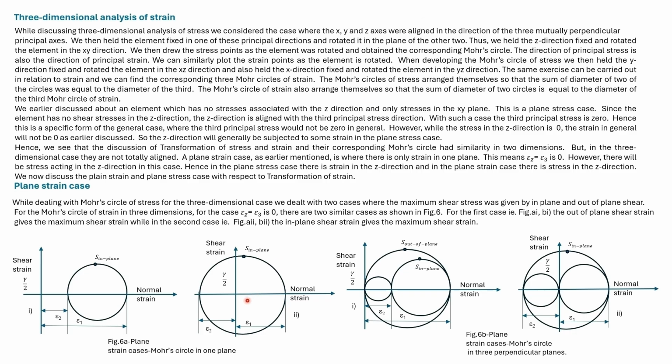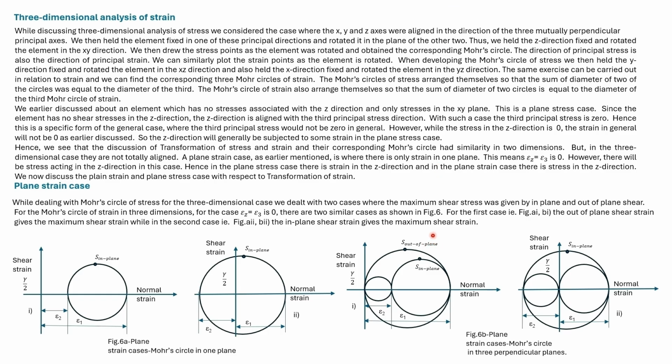In the second type, the Mohr circle of strain crosses the shear strain axis. For the plane strain case, epsilon z is equal to epsilon 3 is equal to 0. So for this case, the arrangement of the three Mohr circles will be as shown in figure B1.